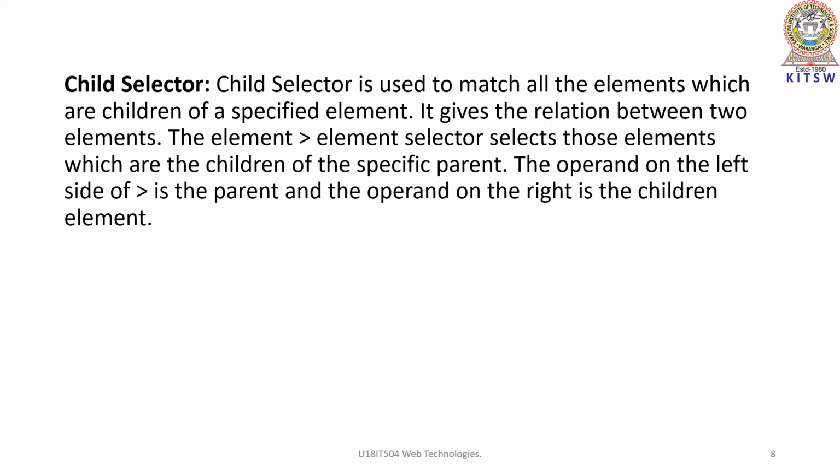A child selector is made up of two or more selectors separated by the greater than symbol. It gives the relation between two elements. The element greater than element selector selects those elements which are children of the specific parent. The operand on the left side is the parent and the operand on the right side is the child element.